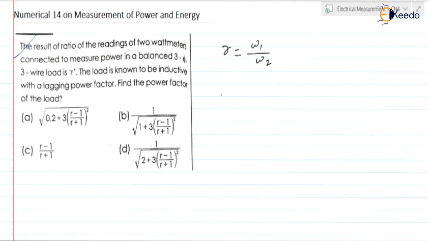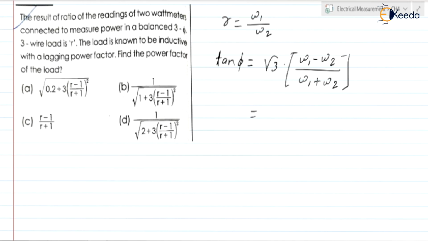Simple question. Recall the measurement of power using the 2 wattmeter method. We have derived the expression tan phi is equal to root 3 into W1 minus W2 upon W1 plus W2. Taking W2 common from numerator as well as denominator, it is root 3 into W1 upon W2 minus 1 upon W1 upon W2 plus 1.